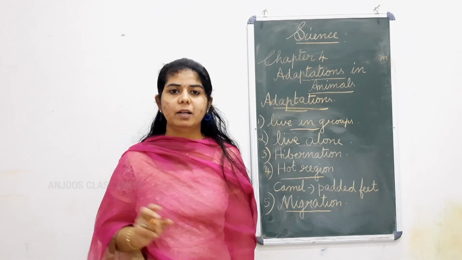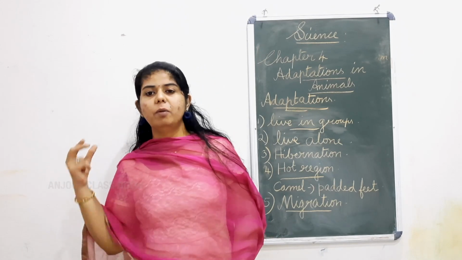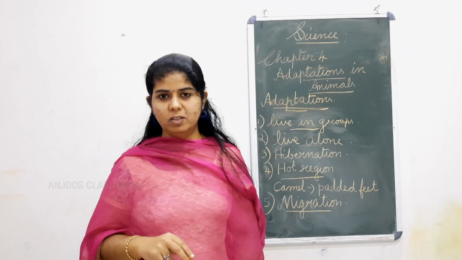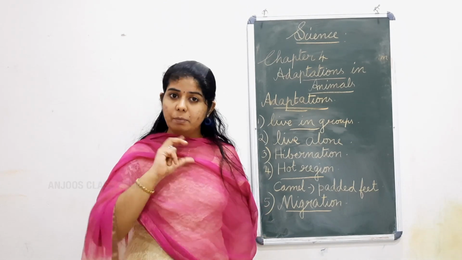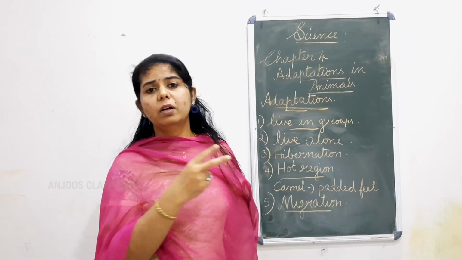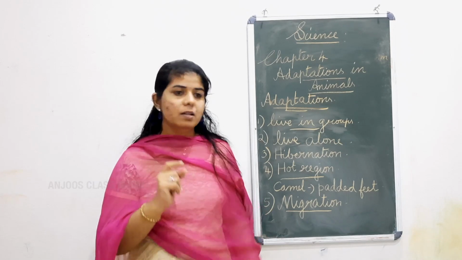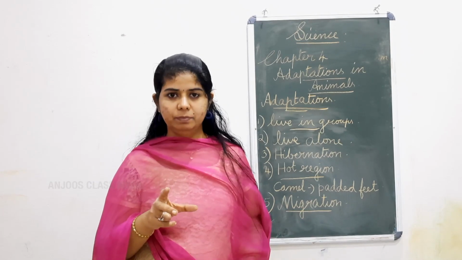One bird is the Siberian crane. The Siberian crane moves from Siberia to India to avoid that severe cold. Like that there are many other birds which move from one place to another to avoid the cold climate. So that adaptation is known as migration.